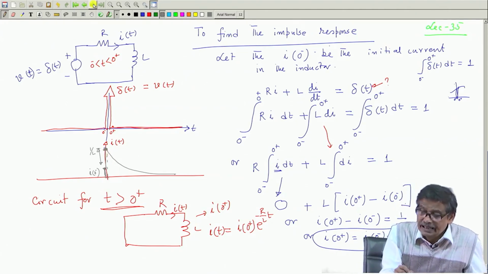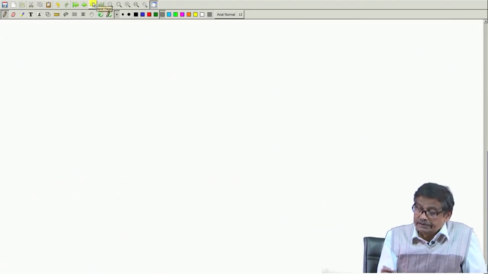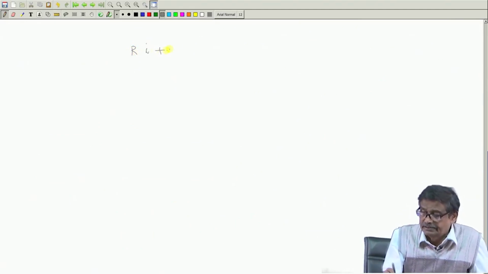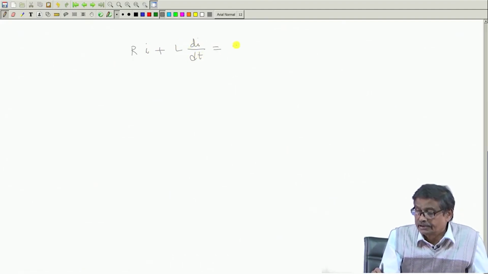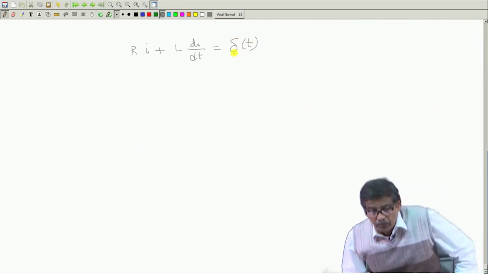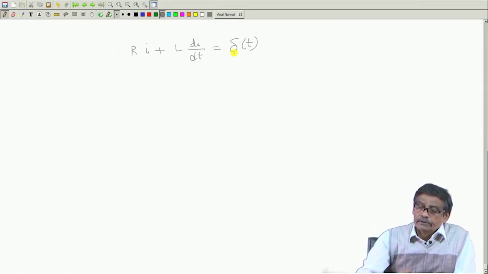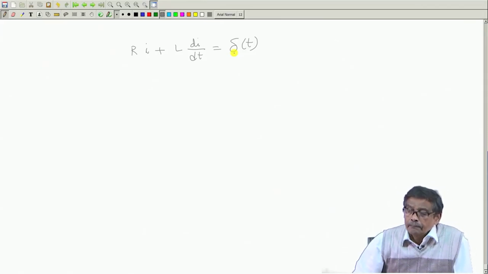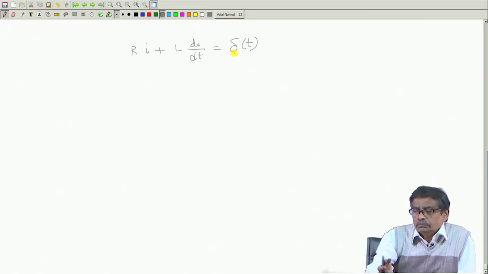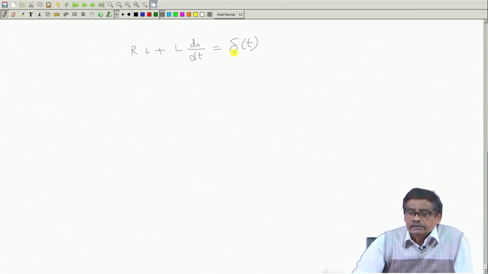Then there is another way of interpreting this result. Our initial differential equation was like this, L di dt was equal to delta t, is it not? This was the initial current. Now, in this equation, the left hand side has to give me an impulse, then only it can balance that impulse.